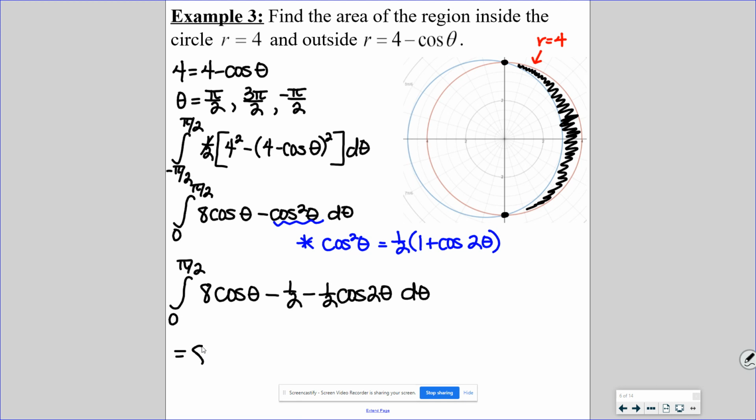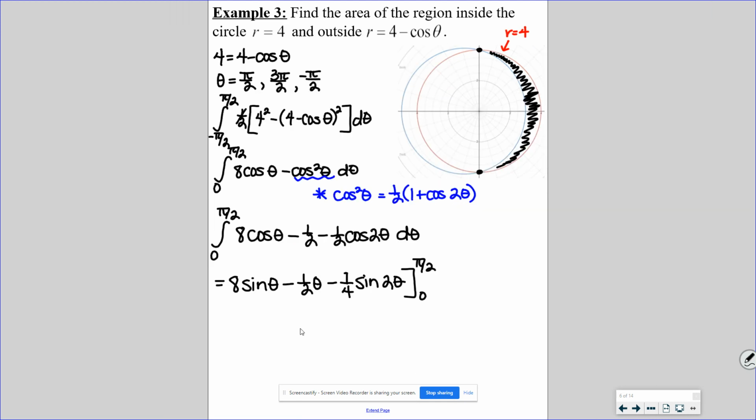So the antiderivative would be 8 sine theta minus 1/2 theta minus, this would be 1/4 because you have to divide by 2, 1/4 sine of 2 theta. Evaluate all that. I'm not going to show all my work because I feel like you are capable of that at this point, but the answer would be 8 minus pi by 4 for the area measurement.